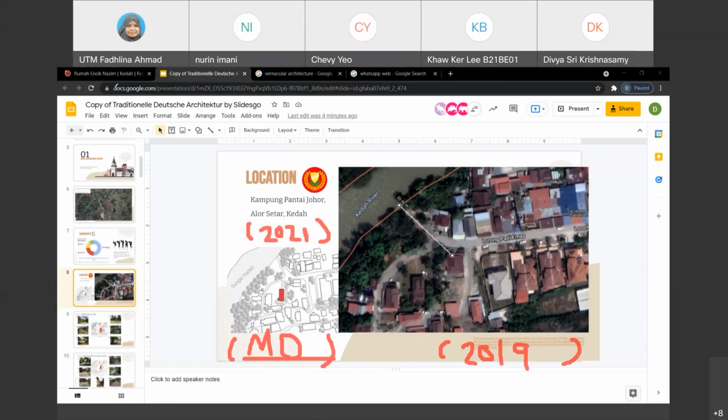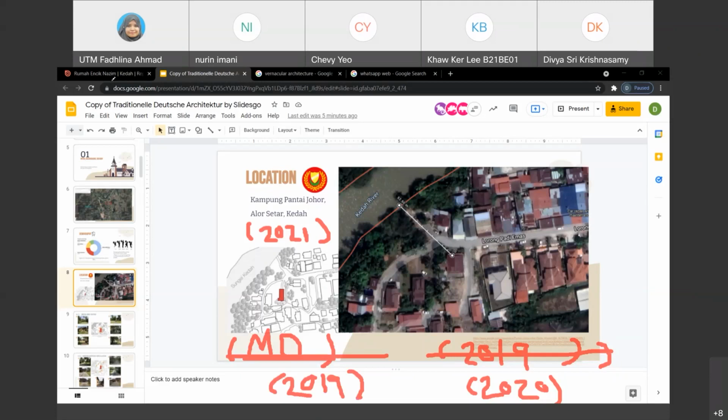I think it's this year, because I took this picture yesterday. But you need to check, because sometimes the satellite images are not updated. For instance, they may only have updated in 2020. So what I want to mention here is just put the year that you got all this information. So this one is 2019, and this one is 2020.